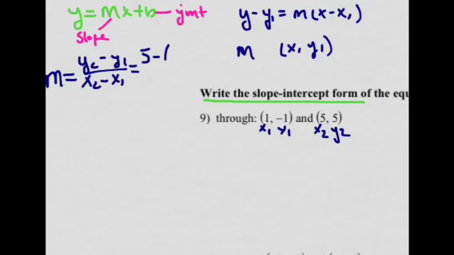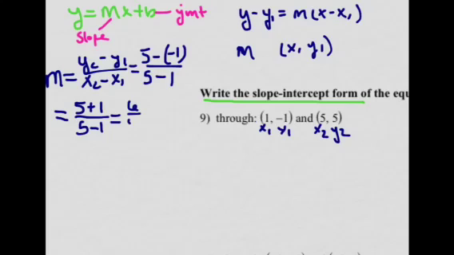Hey, look at me, I'm negative. I'm going to put them in parentheses. Over x2 is 5 minus 1. So if we clean this up, we get 5 plus 1, because subtracting a negative is really adding in disguise, over 5 minus 1. We get 6 over 4, which is 3 halves.